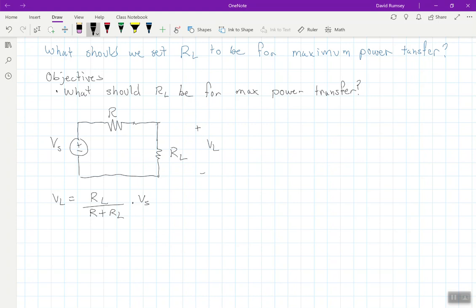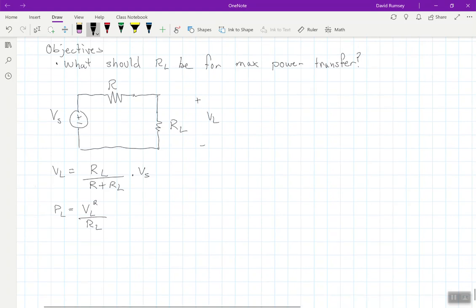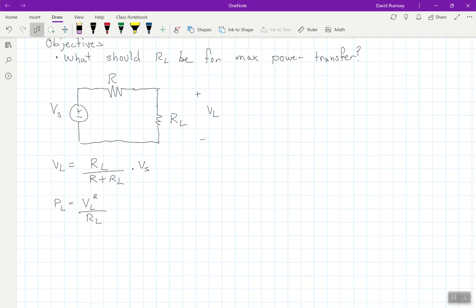Okay, so we've got that. Now we're going to do my power computation here. So the power for the load is going to be the voltage of the load squared divided by the load resistance. And that's correct, but I'm actually going to do this where we know that really the definition of power is current times voltage, and I'm going to do it that way because we can get the current of the load very easily.